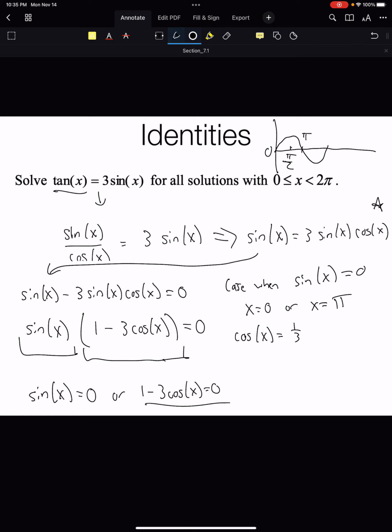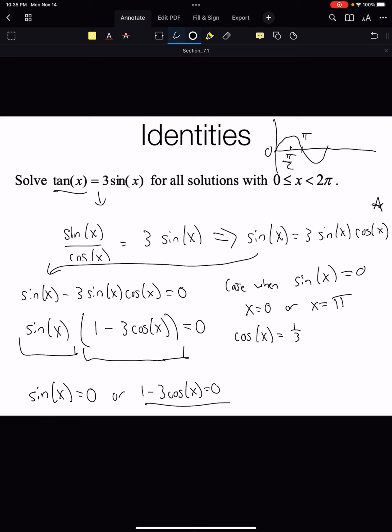Now, this is an interesting problem because we're used to things being equal to 1/2, or the square root of 2/2, or the square root of 3/2, but we haven't dealt with 1/3. Okay, and so it's not one of our special triangles. It's not special on the unit circle kind of thing.